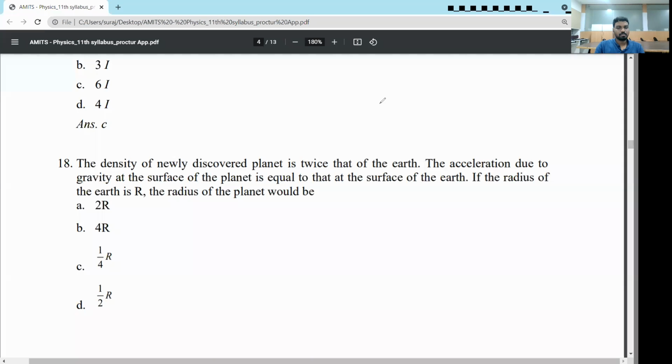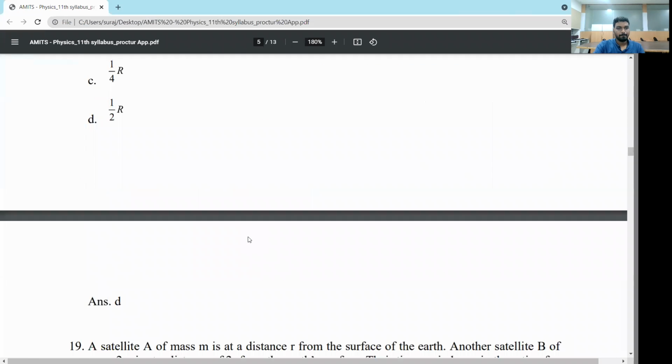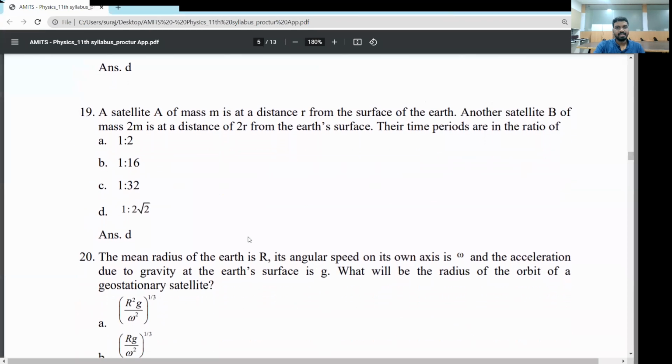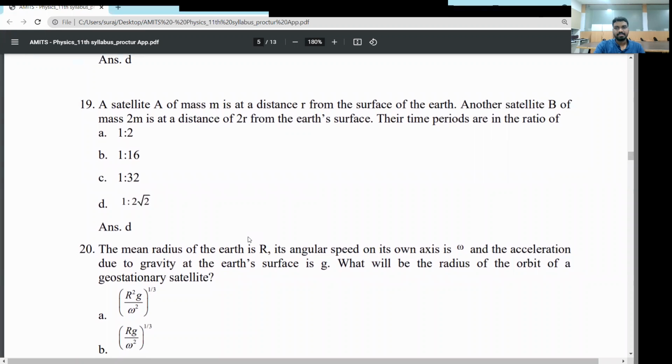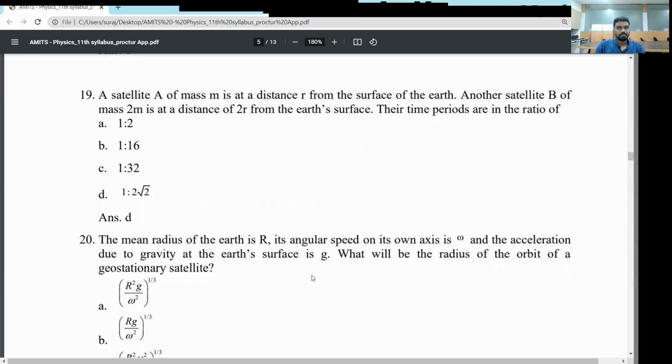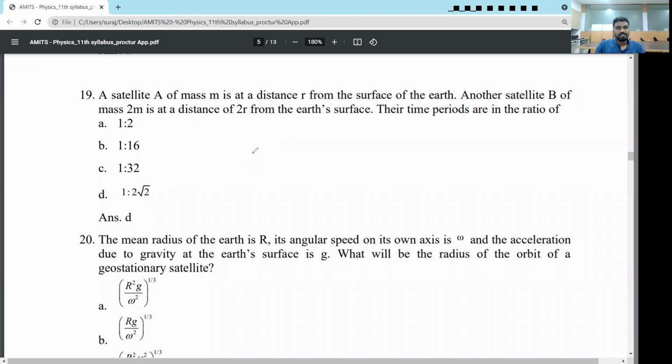Next, question number 19. A satellite A of mass m is at a distance r from the surface of earth. Another satellite B of mass 2m is at a distance 2r from the earth's surface. Time periods are in the ratio. Easy. Distance is given. So satellite A has mass m, at distance r from the surface of earth.